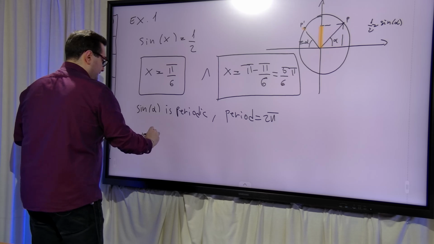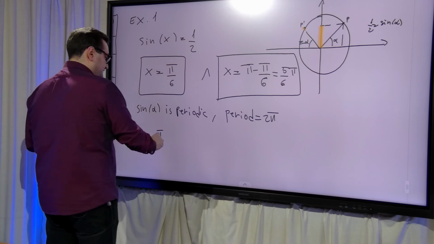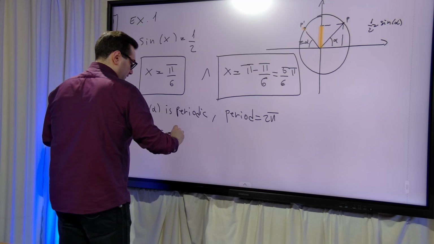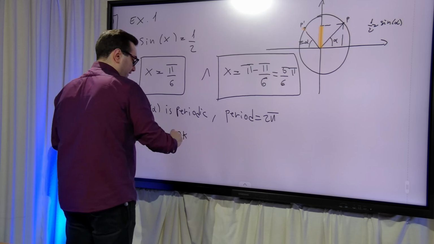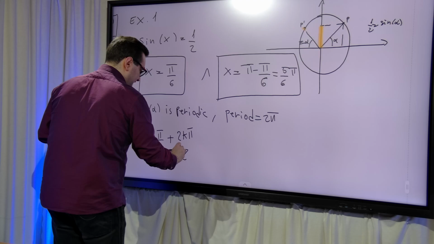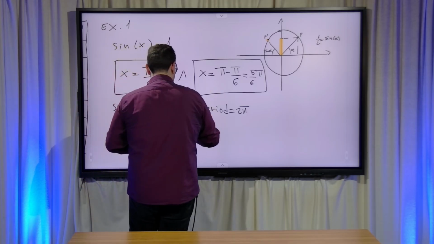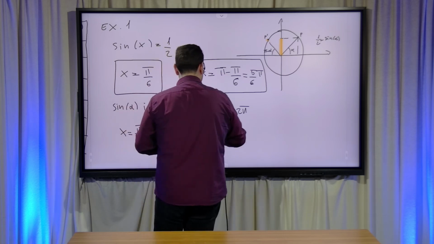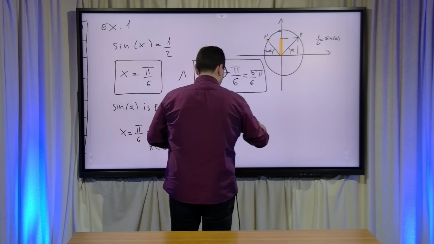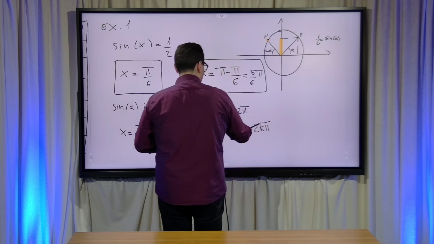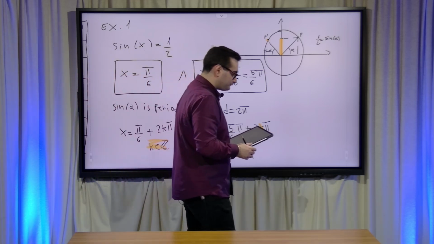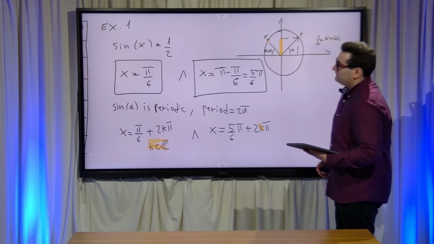From the first solution, I can write x is equal to pi over 6 plus its multiples, 2k pi, where I write here a parameter k, and this k belongs to Z. Same thing for the second solution, and this gives me this solution, with k always belonging to Z. Okay, this is the first exercise.